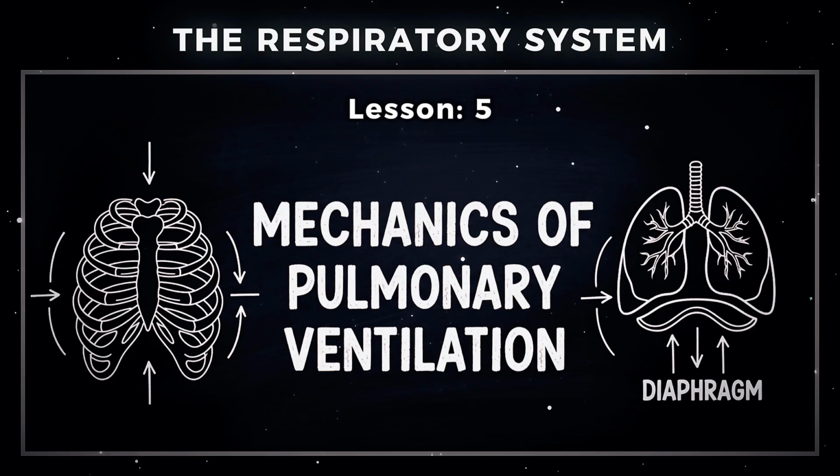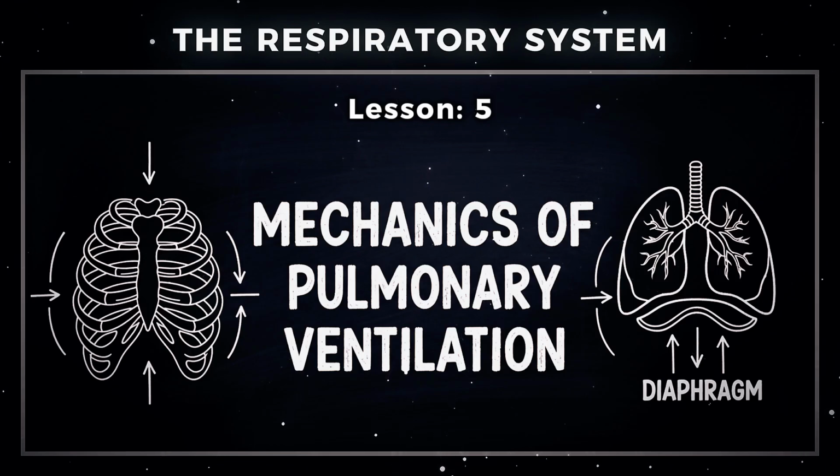Tonight, we take the next natural step in our learning journey by zooming out to look at the body as a whole. We are going to explore the mechanics of pulmonary ventilation. This is the study of how we move air in and out of the lungs. To do this, we have to look at the body as a bellows.